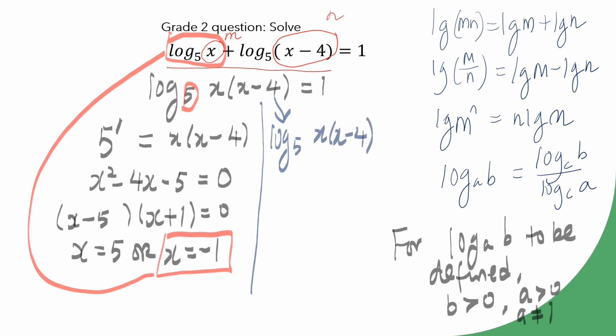So all I need to do is introduce another log on my right hand side. So what is 1? 1 is just log 5 base 5. Log 5 base 5 will give you 1. Okay, so then you see that you have log on both sides really.